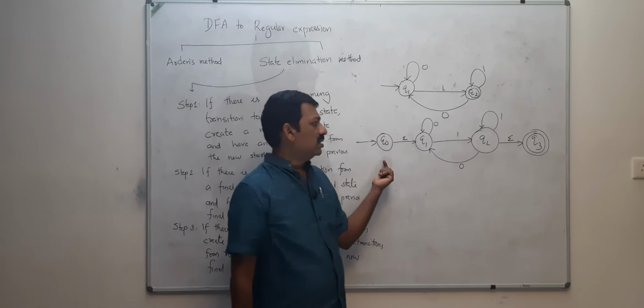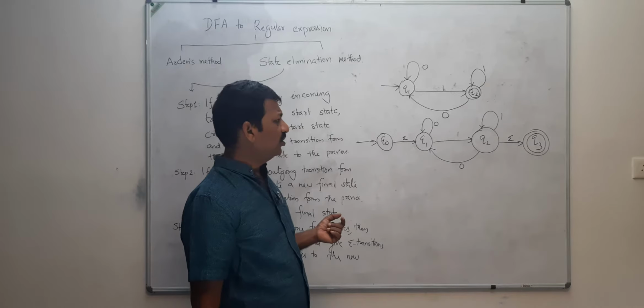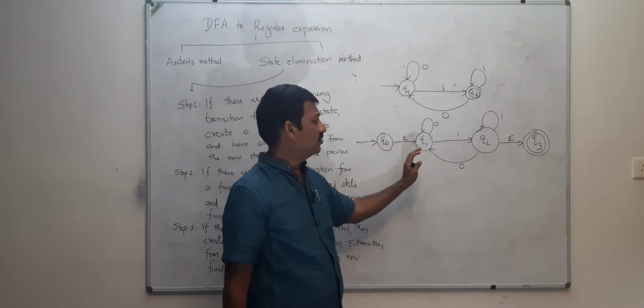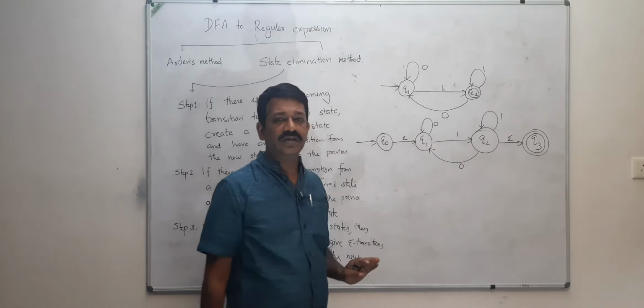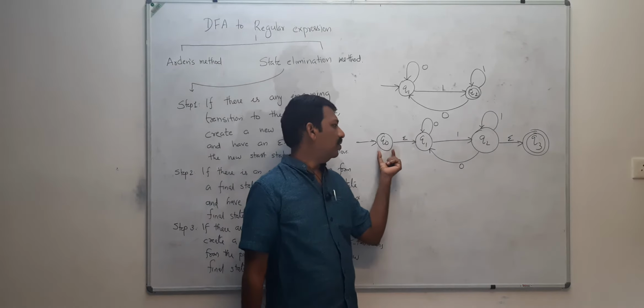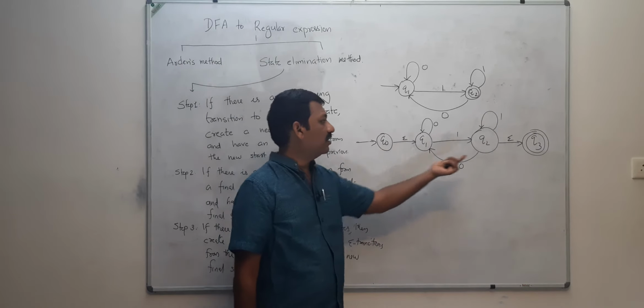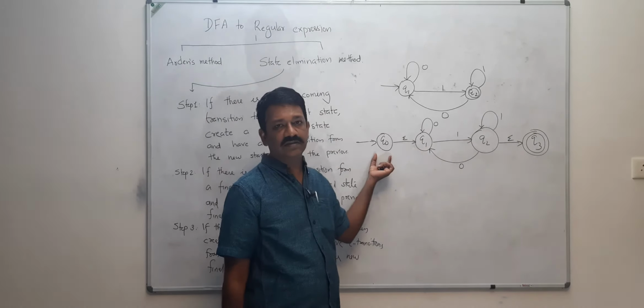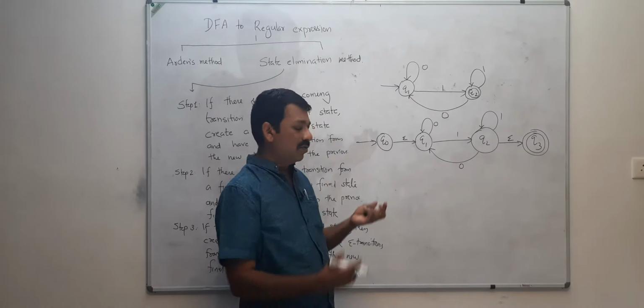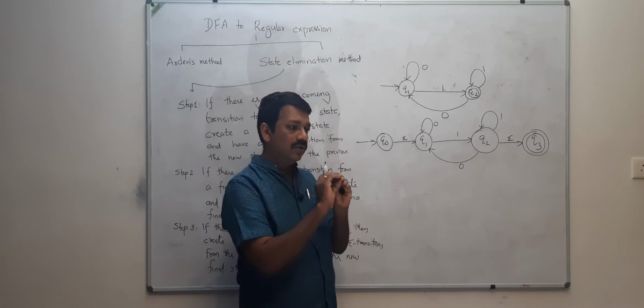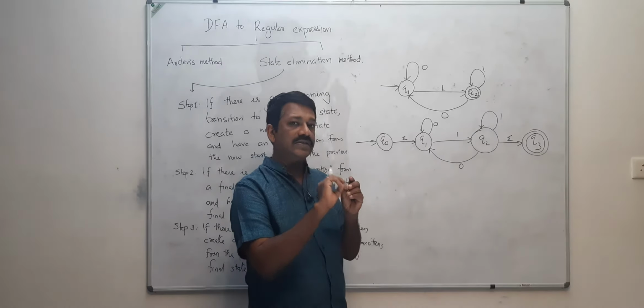Now what we are going to do is eliminate all the intermediate states. That means you are not allowed to eliminate the final state and the start state. We are going to find what input takes you from the start state to the final state.